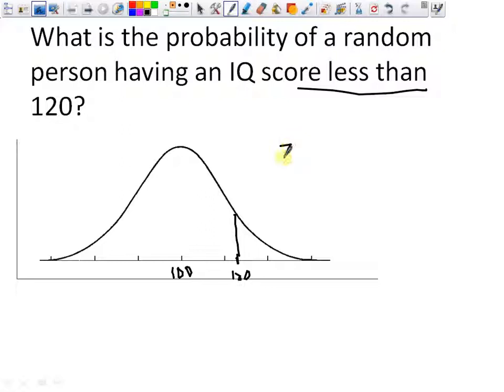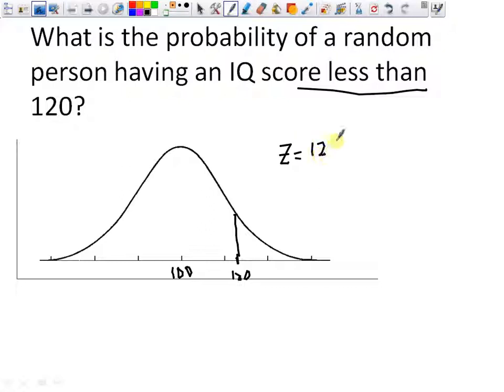So what we need to do is find a z-score. We need to find out how many standard deviations above the mean 120 is. We haven't used the formula yet, but hopefully it makes intuitive sense. 120 is 20 IQ score points above the mean.